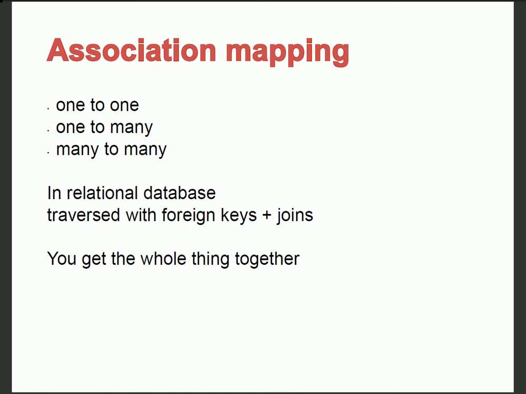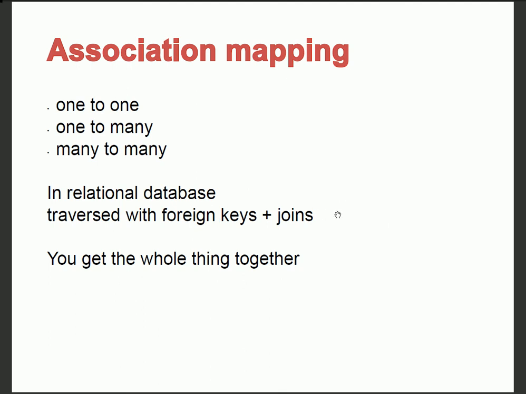Often they need an extra table in between, or you do something with JSON strings, like is done with tags or with access control in Joomla. In a relational database, you put all those tables together with foreign keys, and you join them together.